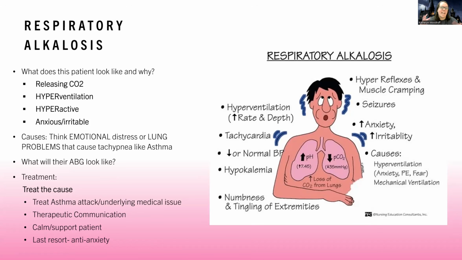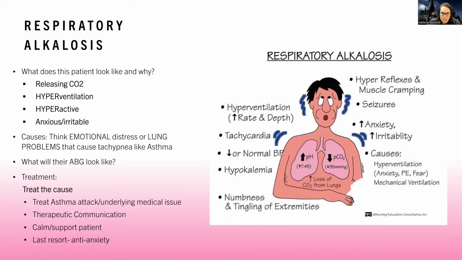So think of a very anxious patient. This is like how you guys feel right before a nursing school exam. You're very hyperactive, hyperventilating, breathing fast, tachypneic. Your respiratory rate is elevated. So all that acid, you're blowing it out. They might be anxious, irritable, emotional. It also can happen in things like asthma, or any sort of fear.